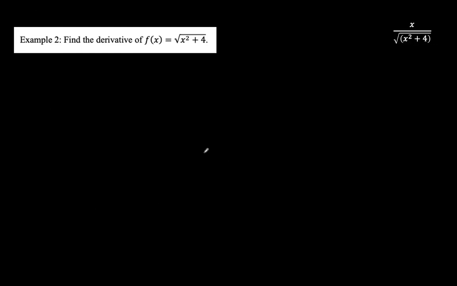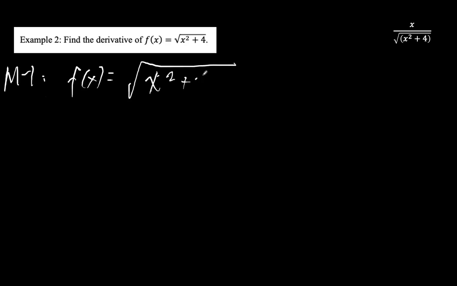Let me just change the color to white. We have method 1. f of x, I am just copying the problem: the square root of x squared plus 4.